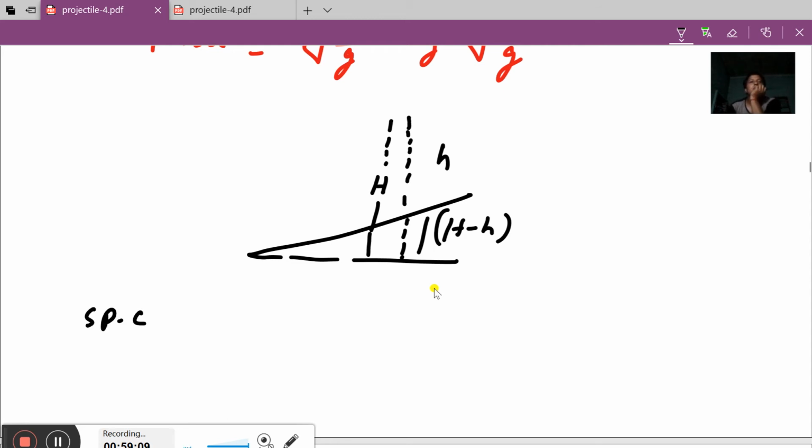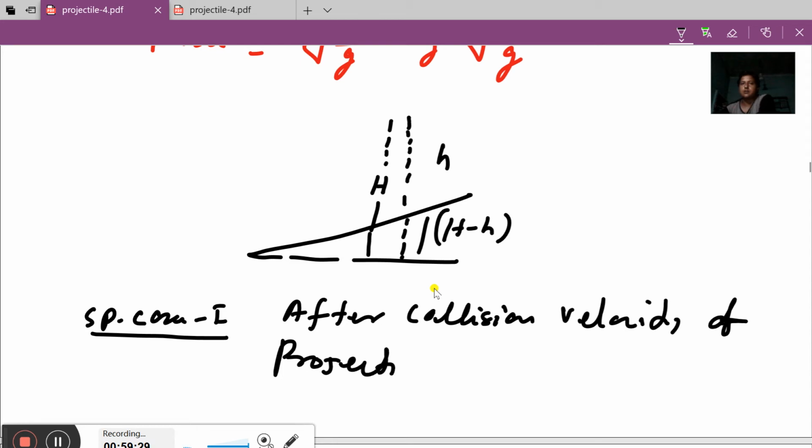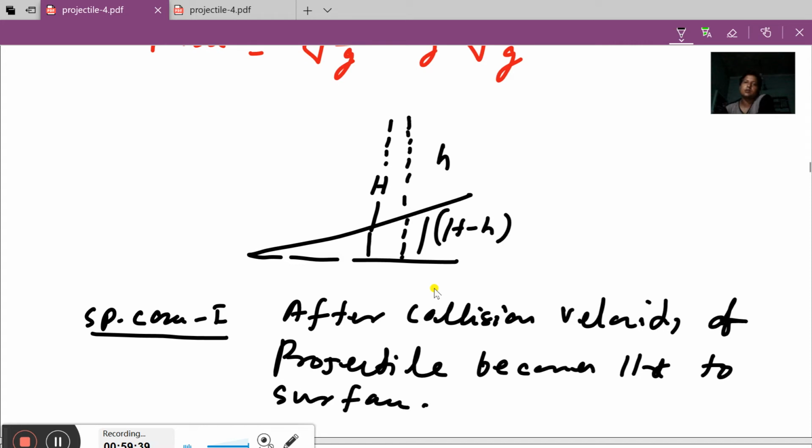A special case in this question may be that after collision, the velocity of the body or projectile becomes parallel to the surface of the earth.